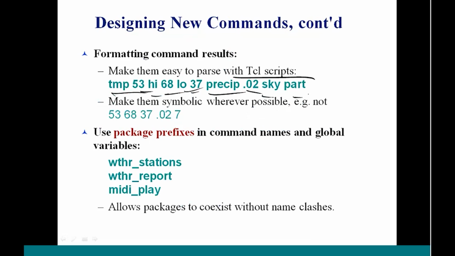Here it's very hard if you are using these numbers. So you have to convert them over to symbolic wherever possible. So we don't use 53, 68, 37, .02 and 7. Instead we need to replace them by things like high temp, low temp, things like that.